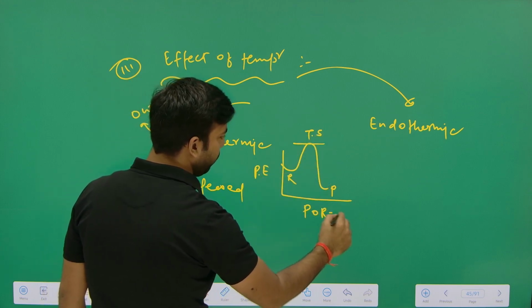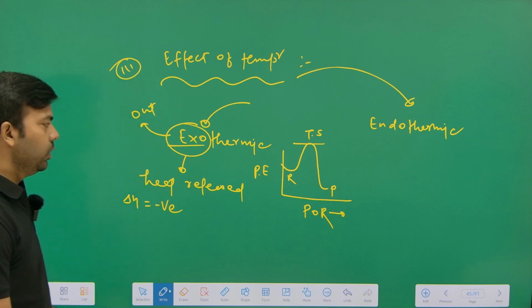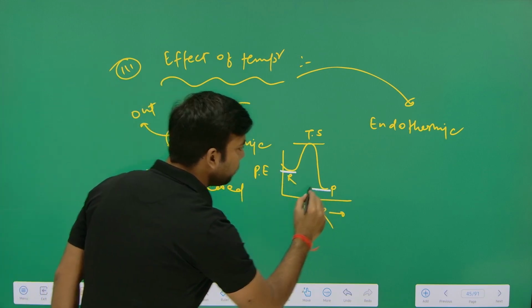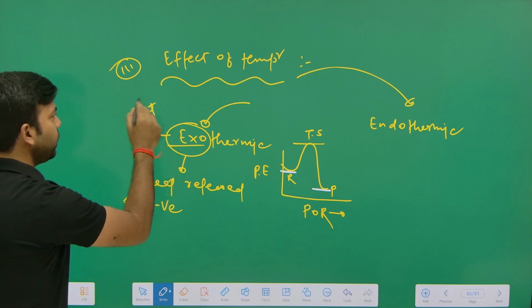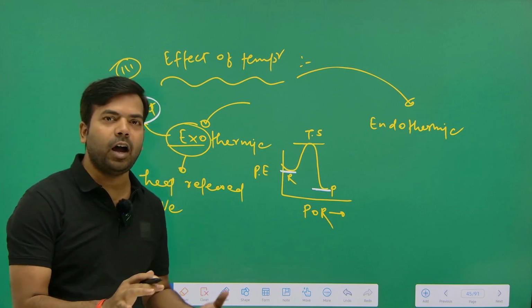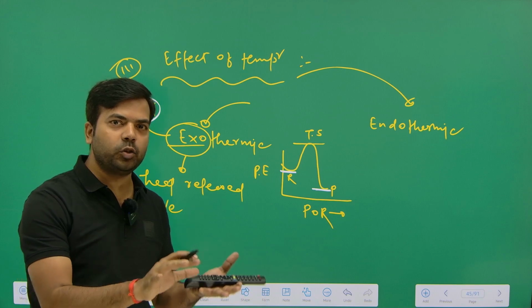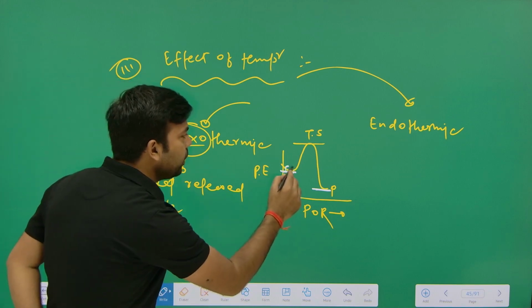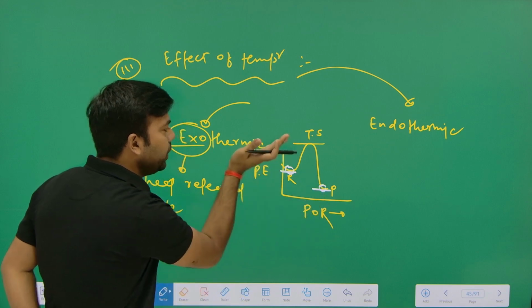This is progress of reaction. So look at this point. I said exo means out. So reactant is a bit outer than the product. Reactant should be higher if you compare with the product. So you can say reactant is a bit above the product.